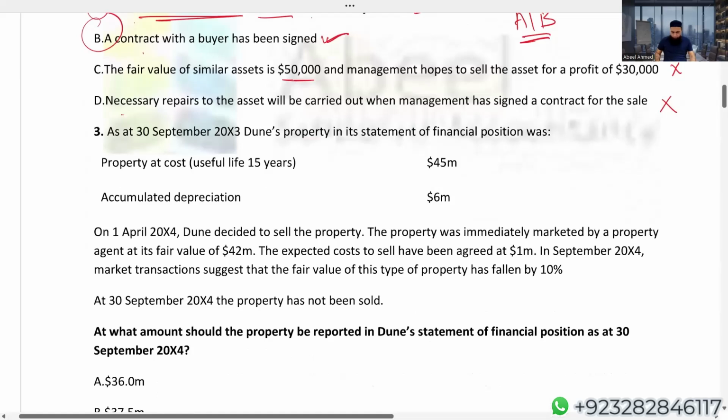Let's go for another question. At what amount should the property be reported in Dune's statement of financial position at 30th September X4?